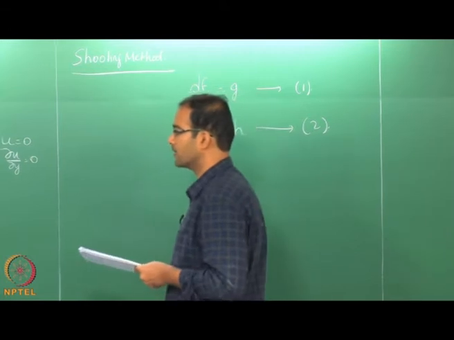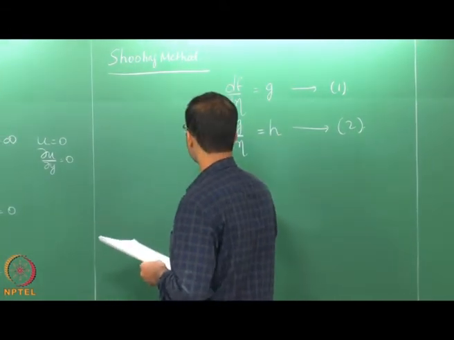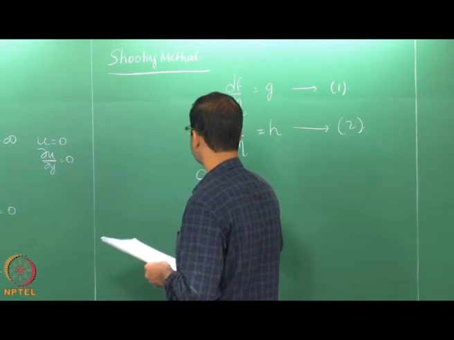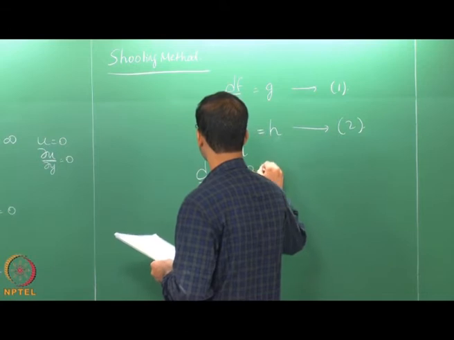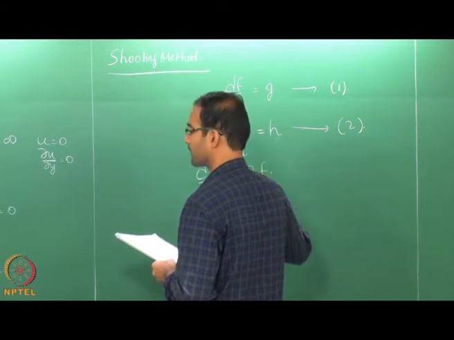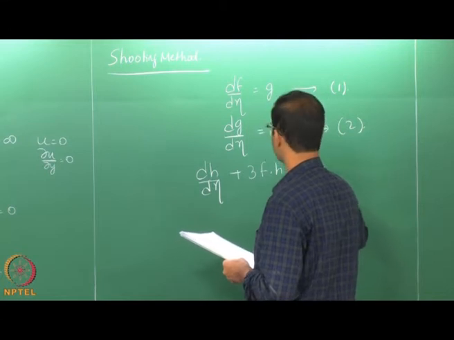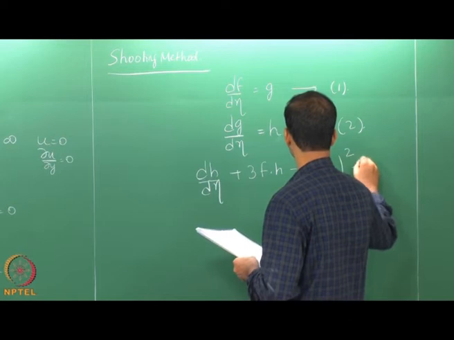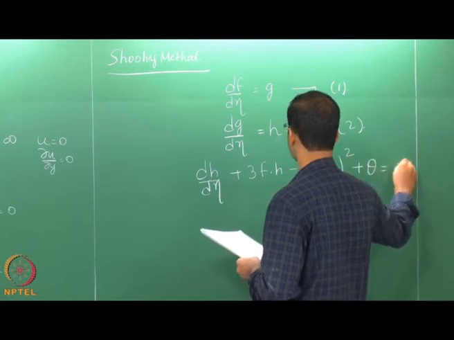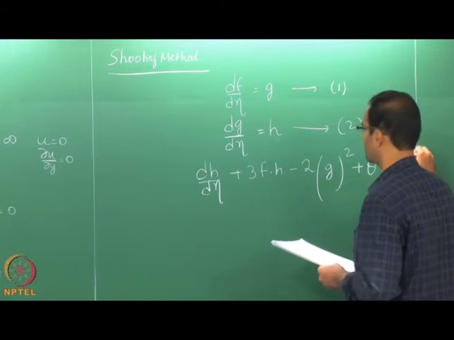Okay. So, what will be d square f by d eta cube? dh by d eta, okay, plus 3 times f into h minus 2 times g into whole square plus theta equal to 0. So, this is your third first order ODE.